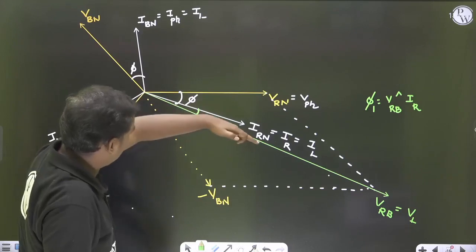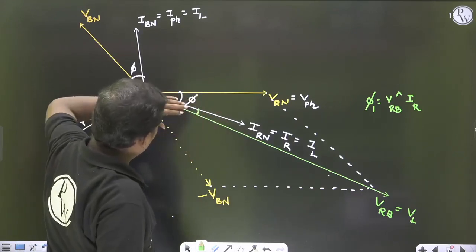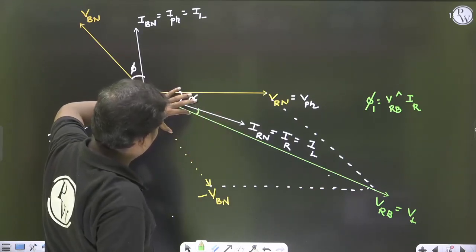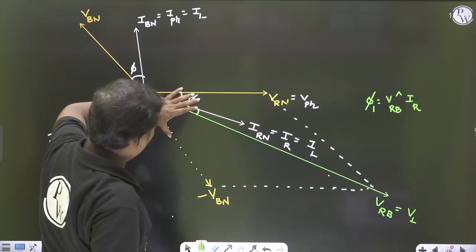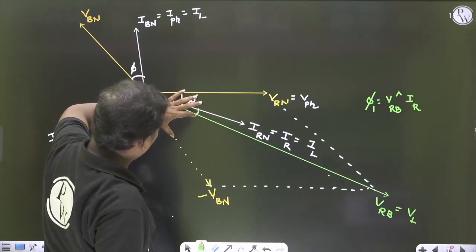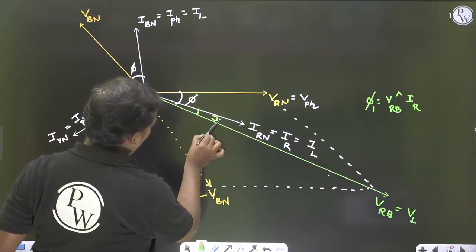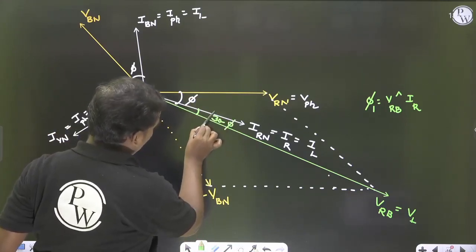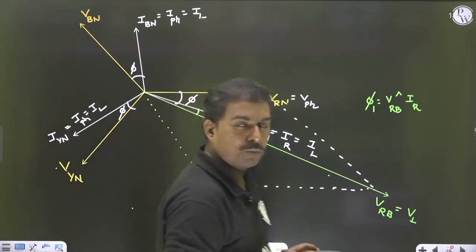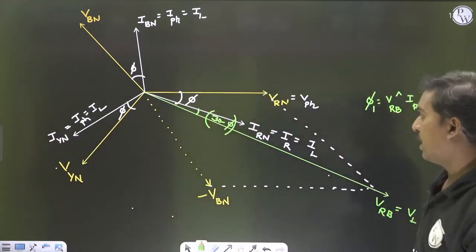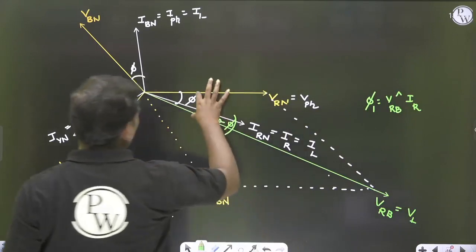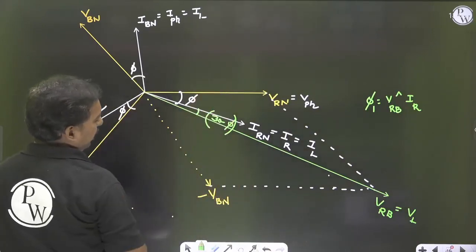Again this splits, 30. So this is 30. Now I want this one. So what is this angle? This angle is going to become 30 minus phi. Try to understand clearly. This total is 30, right? I want this angle.